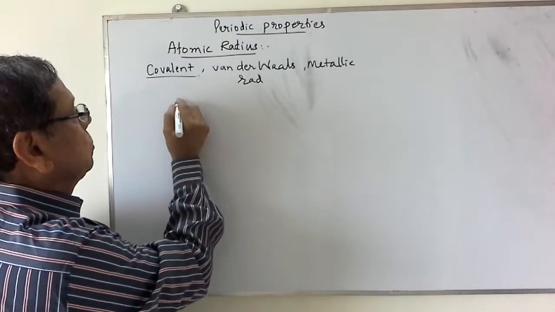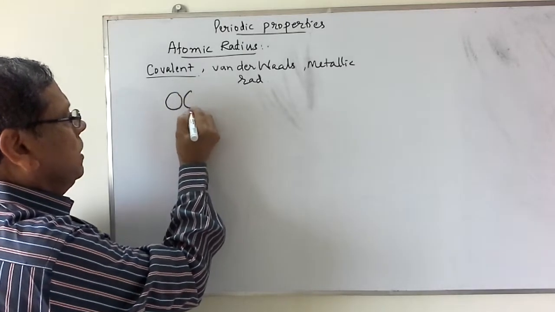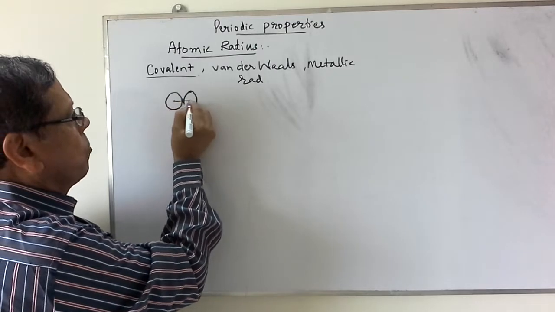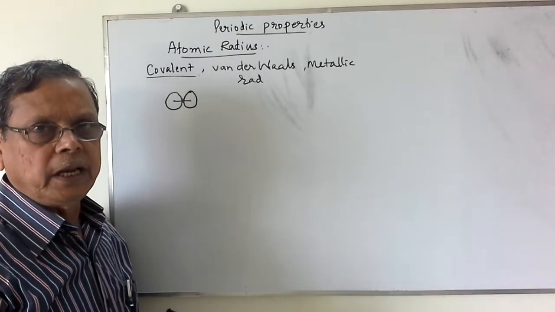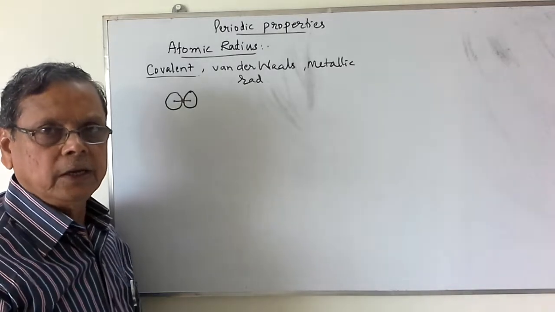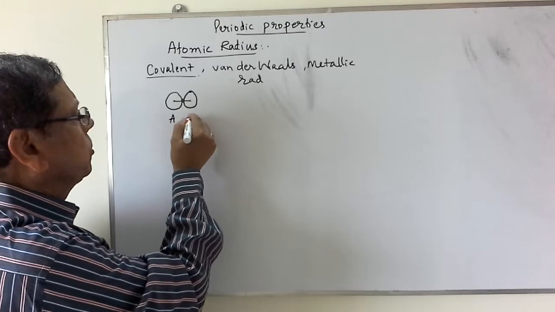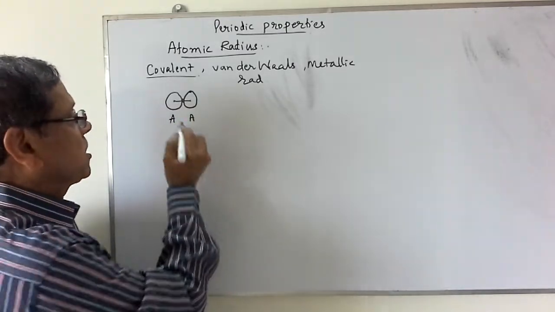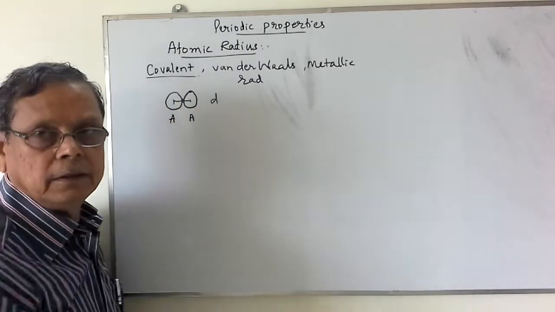When we consider two atoms forming a molecule, then those two atoms are bound by a covalent bond. Covalent bond is formed by the sharing of the electrons that we will discuss in the chemical bonding chapter. Assume that we have a homonuclear diatomic molecule like A and A. The distance between the two nuclei is taken as d.